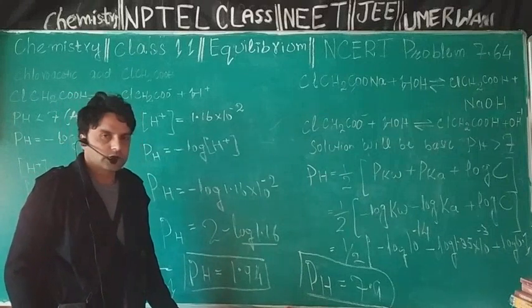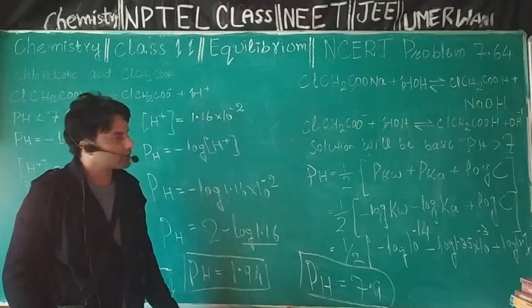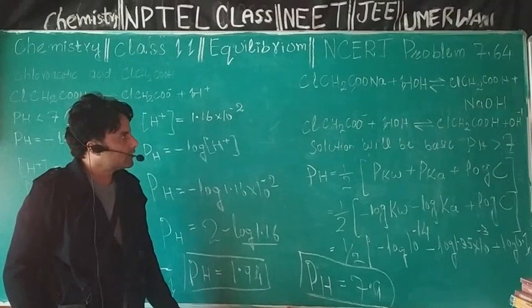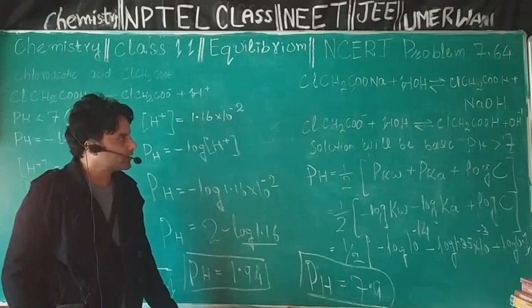The next idea is that the sodium salt of chloroacetic acid is a salt of a weak acid and a strong base. It involves anionic hydrolysis, resulting in the release of OH ions in solution, and due to the release of OH ions, its solution is basic and the pH will be greater than 7.